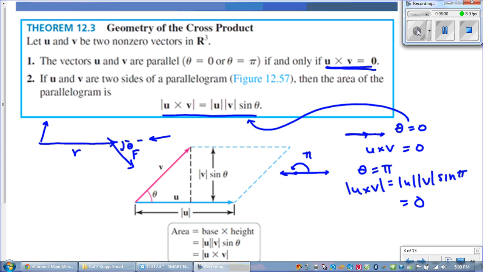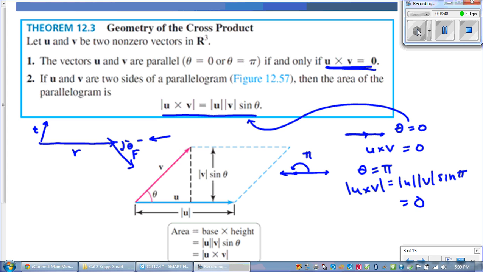You won't be causing any twisting action in this vector. So when theta is equal to 0, there won't be any torque. Also, when theta is equal to pi, there will be no torque.